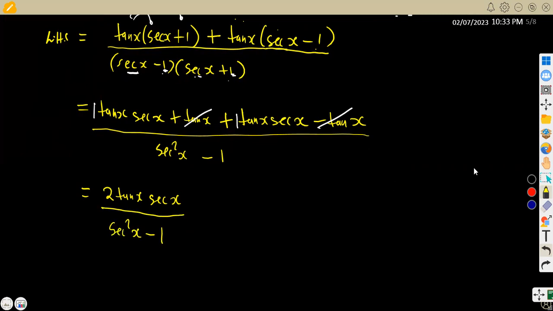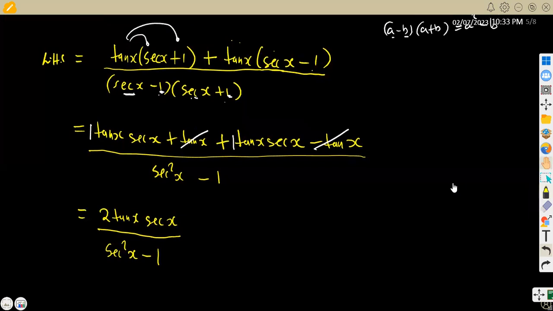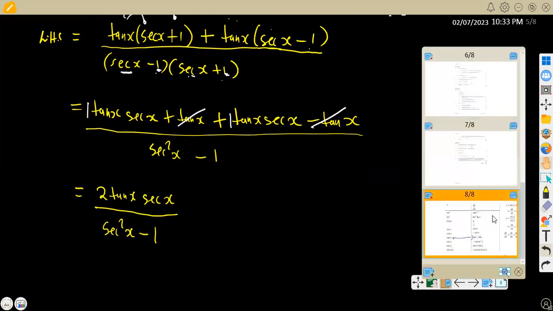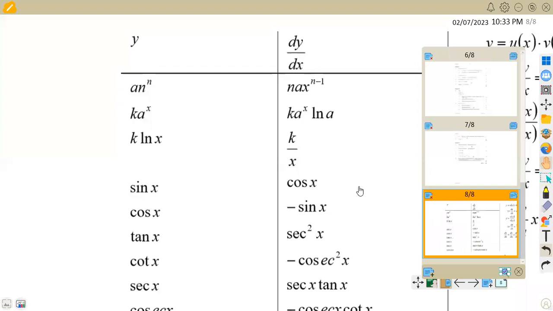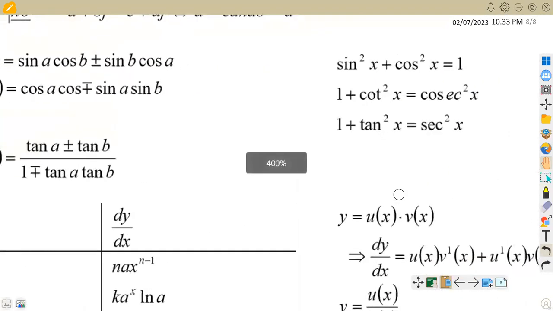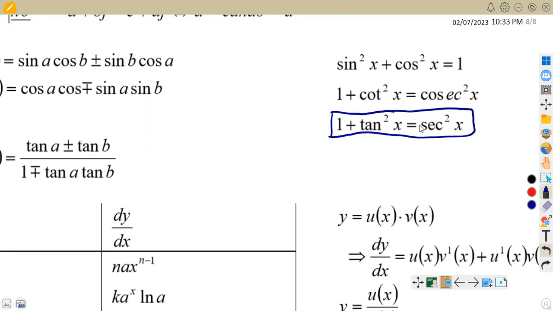From our identities, there is an identity that you are given. Let me take it from your formula so that you see where these guys are having some errors. We want an identity that applies sec squared. Here we've got our identity, which is written as 1 plus tan squared x is equivalent to sec squared x.